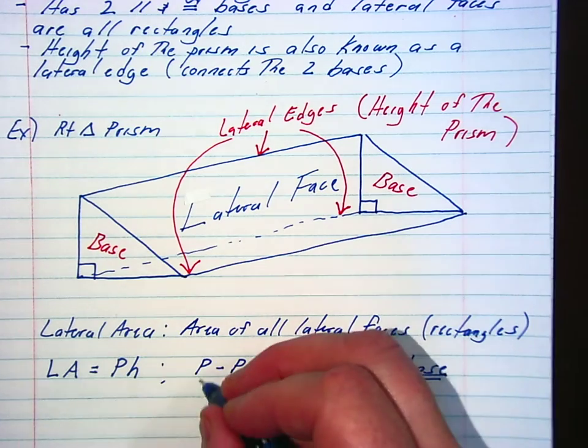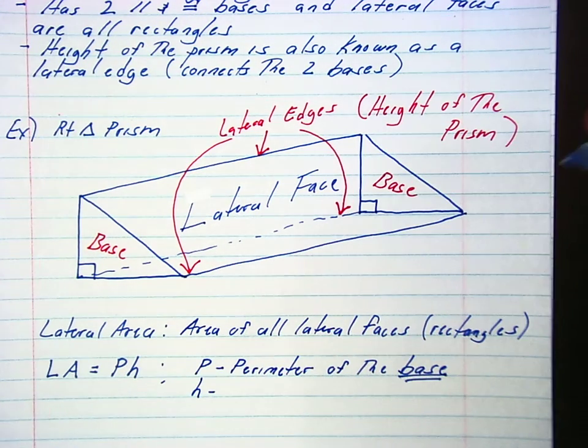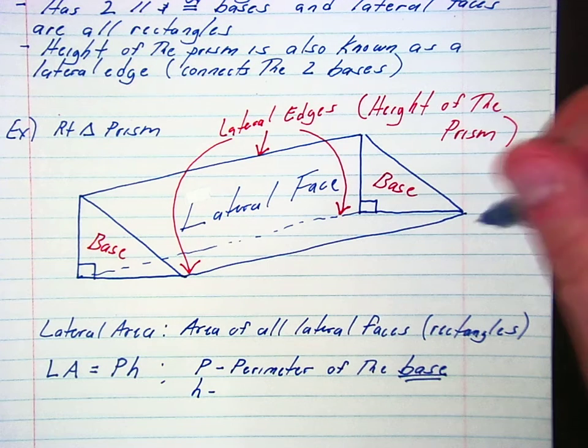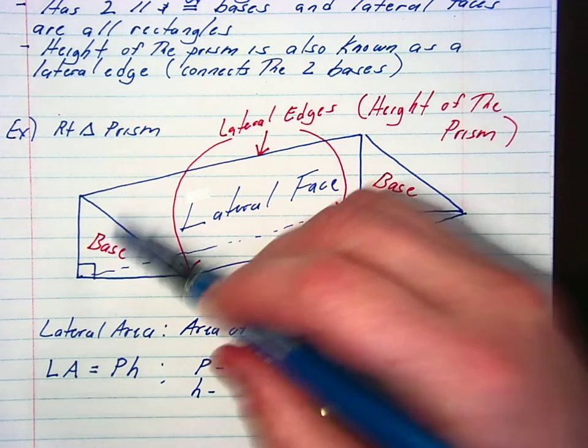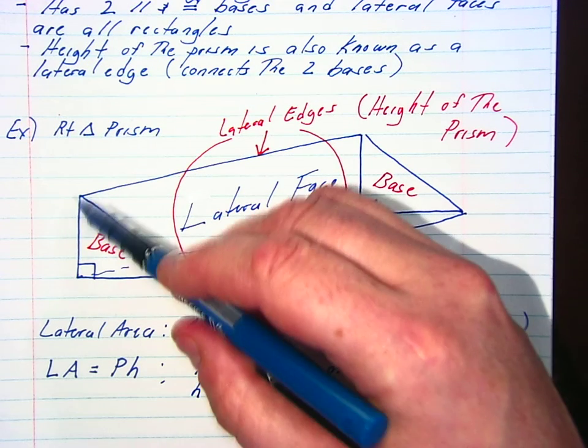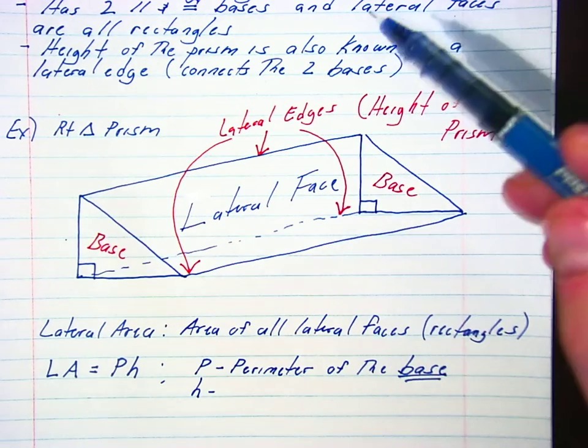The h stands for what h always stands for. It stands for the height. But the problem is that's not good enough either, because which height? Are we talking about the height of the prism, or are we talking about the height of the base? Because like this right here, that would be the height of the base right there. But that's not what it is.